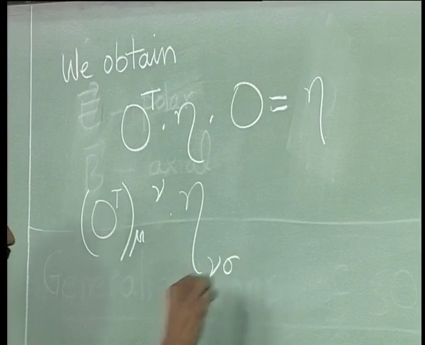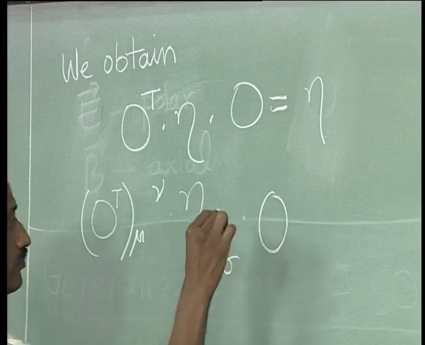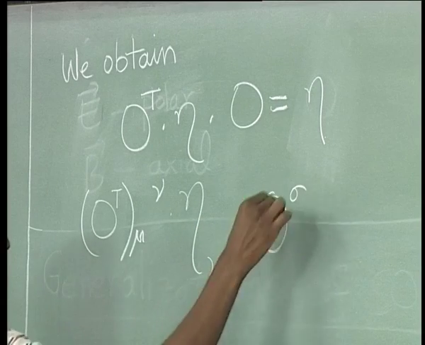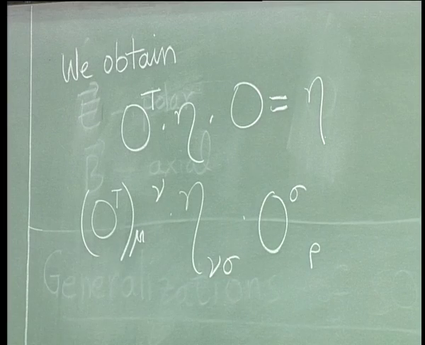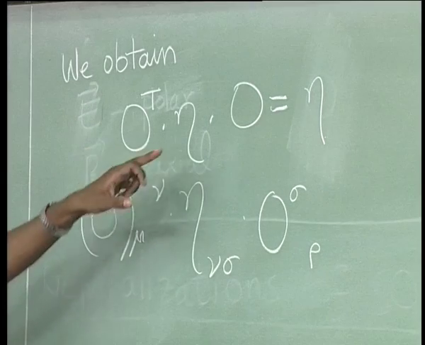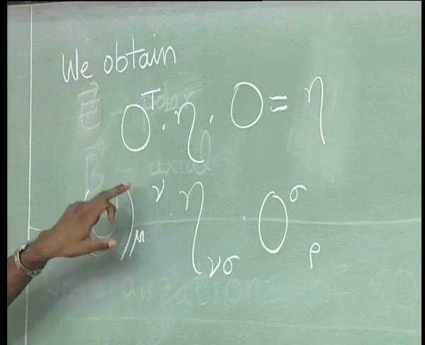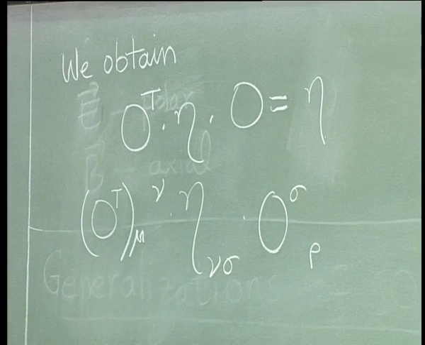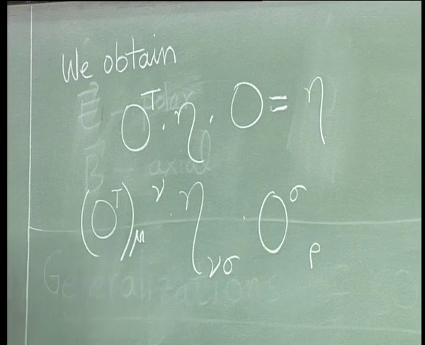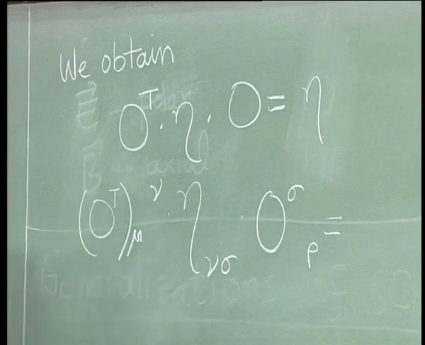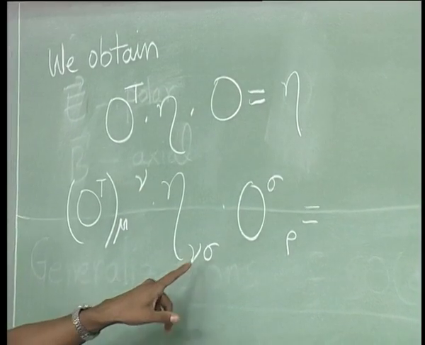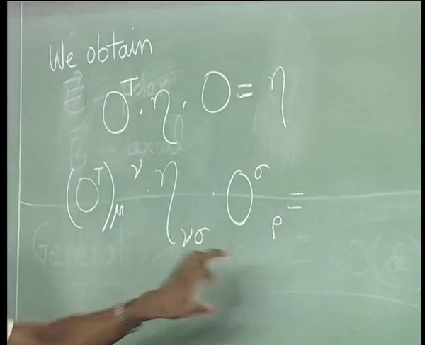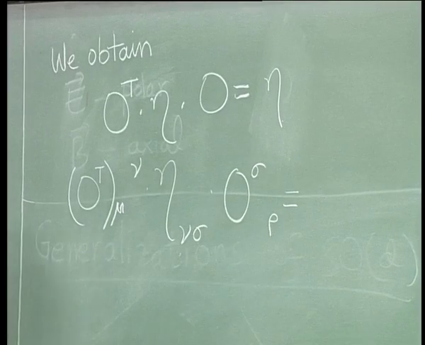So let us call them nu and sigma, and there should be some free index, so let us call it rho. I am just putting in indices to these various things. I have taken care that I am not violating any of the rules which I mentioned. Now the nu index is repeated, so it is a dummy index, you can forget it. The sigma index is like this, and the only free indices are mu and rho.